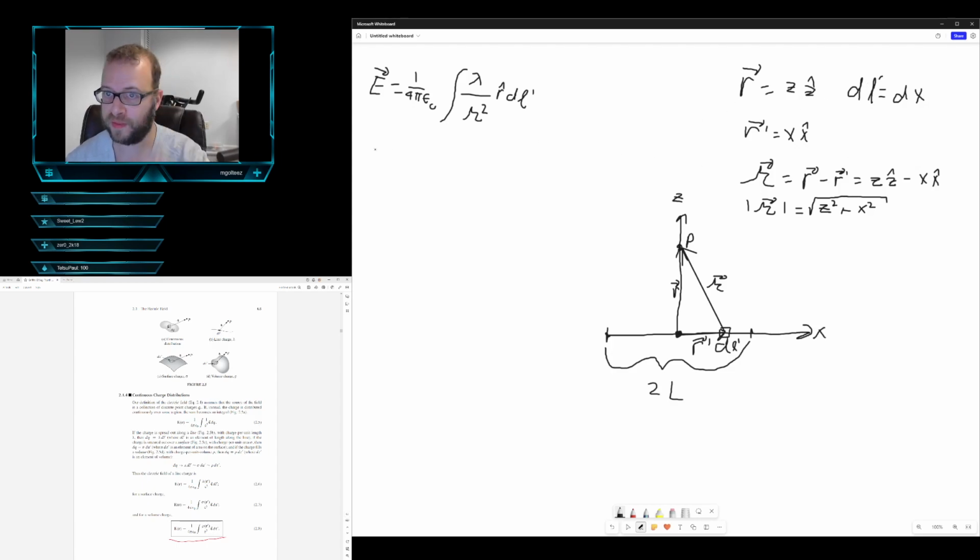So subbing all of this stuff in, lambda is a constant. We have E is equal to the distance from negative L to L, because we're starting here and going over here. I should put out my constants. Lambda is a constant. 4 pi epsilon naught.